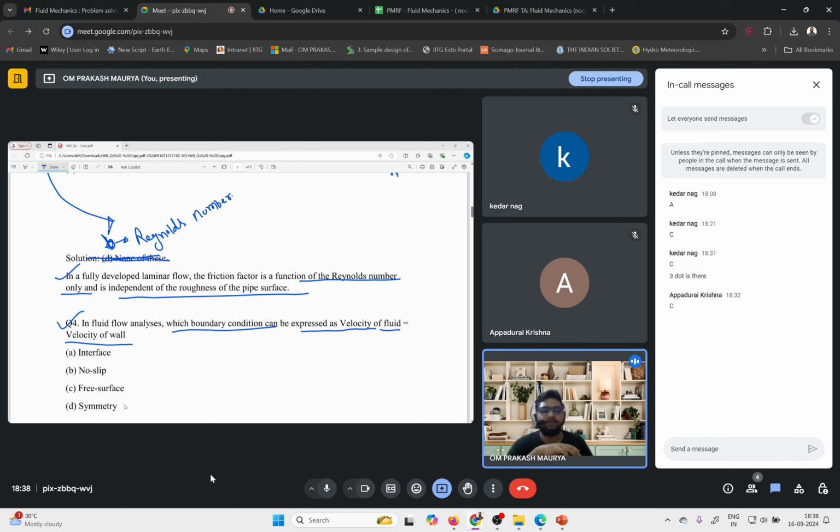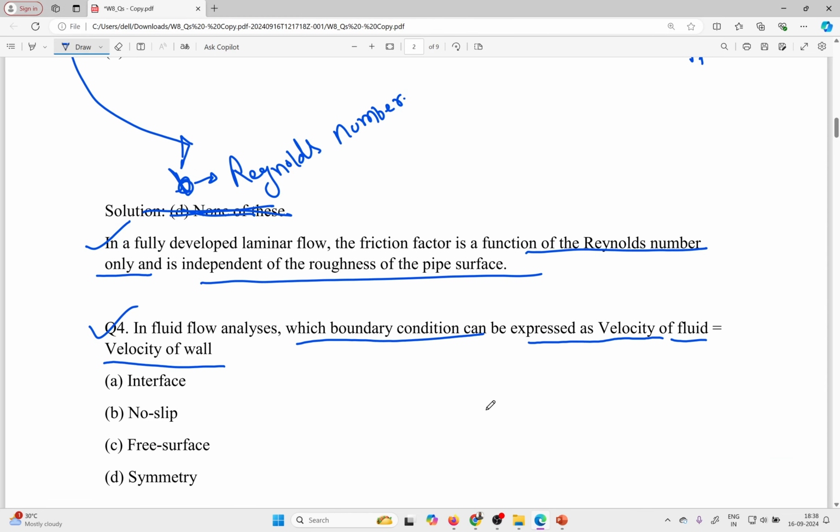Okay, so let me discuss. In fluid flow analysis, what does boundary condition mean? Let me discuss boundary condition first, then you can easily give your answer. When you solve a fluid flow problem, you have two methods of fluid flow analysis.